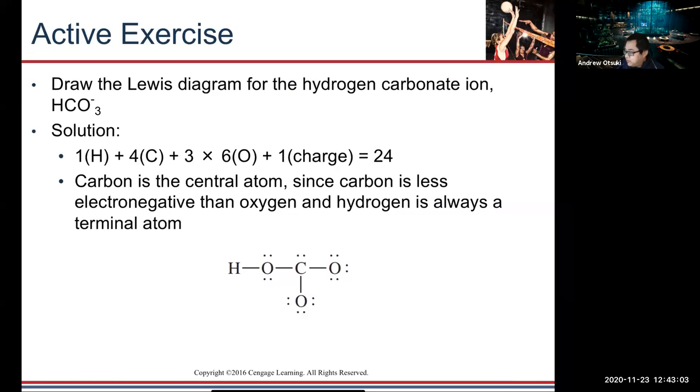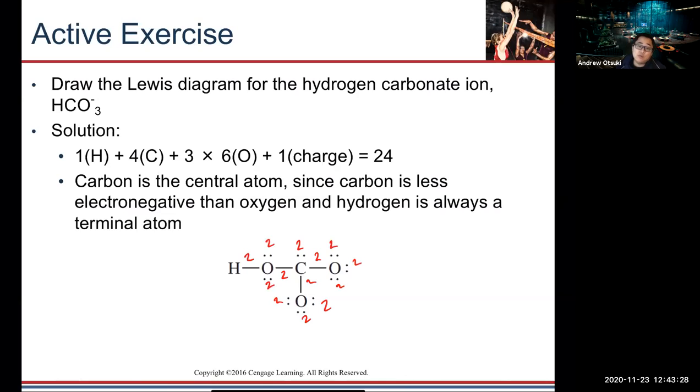Okay, so we count the electrons: 2 electrons for each bond and lone pair, so that's 2, 4, 6, 8, 10, 12, 14, 16, 18, 20, 22, 24, 26.